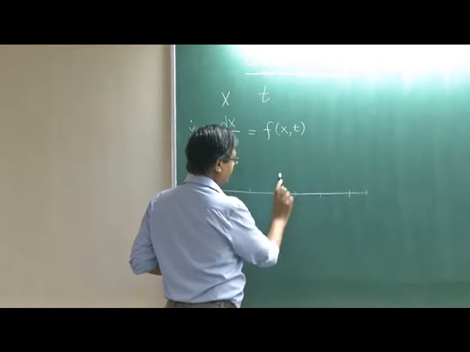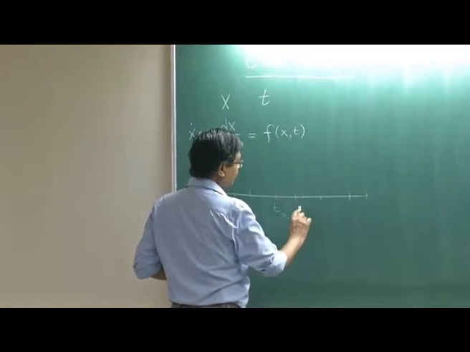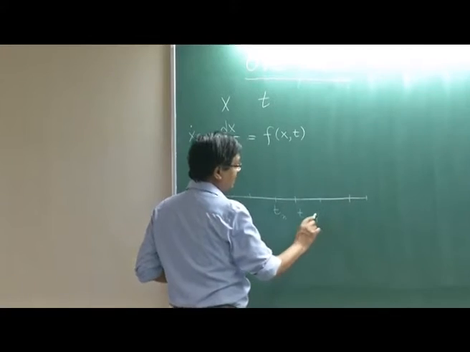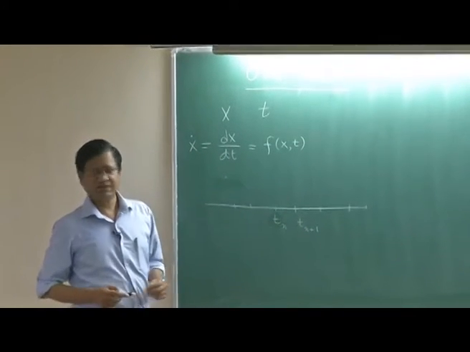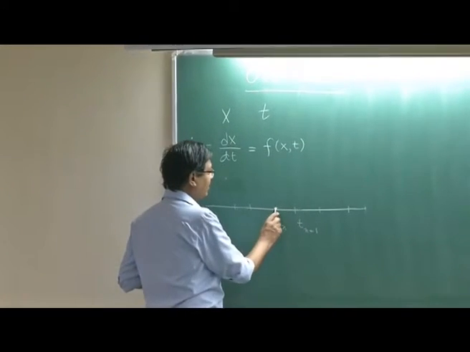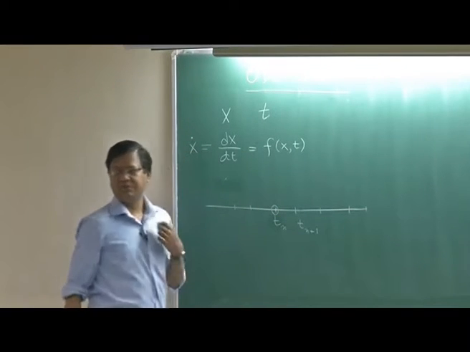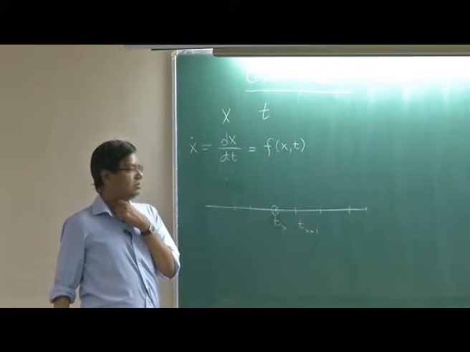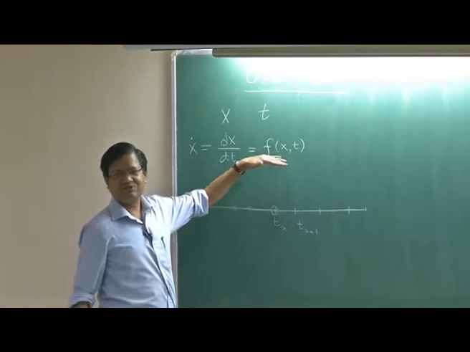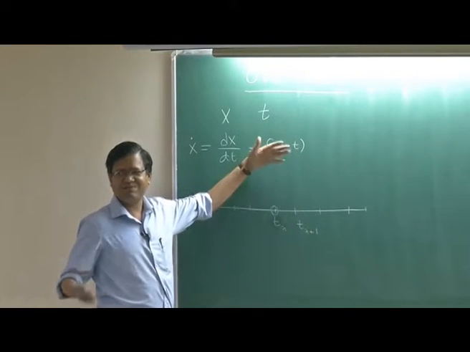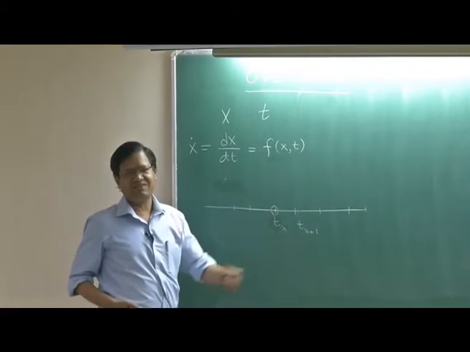I am here at tn and I want to go to tn plus 1. I want to find x at tn plus 1 given my x at tn. What is given to me is the velocity, if you think in mechanics: f, which is a function of x and t.